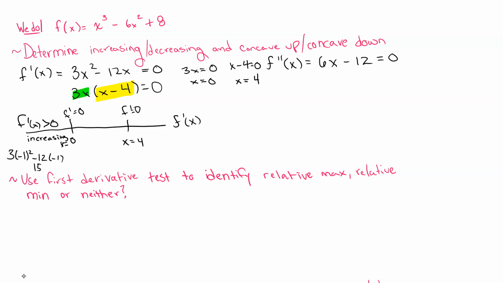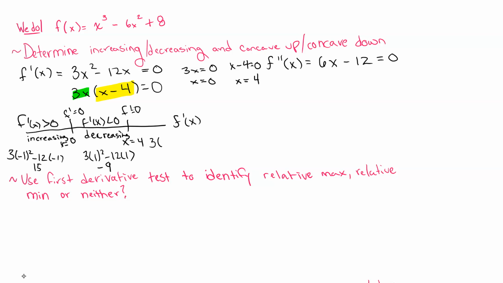And then pick a number between 0 and 4. So I'll choose 1. We got 3 minus 12 times 1. And that's going to be -9. So this is decreasing. And our first derivative is less than 0. And then lastly, we got to pick a value bigger.